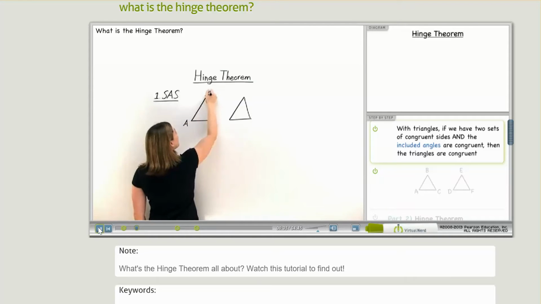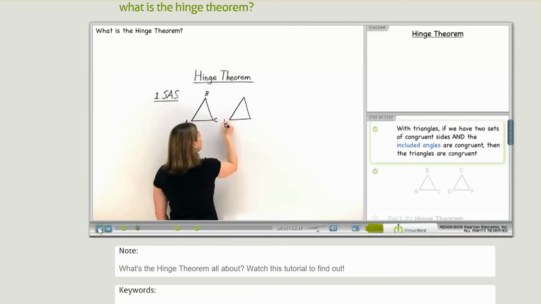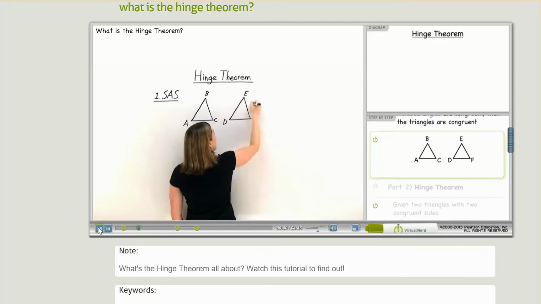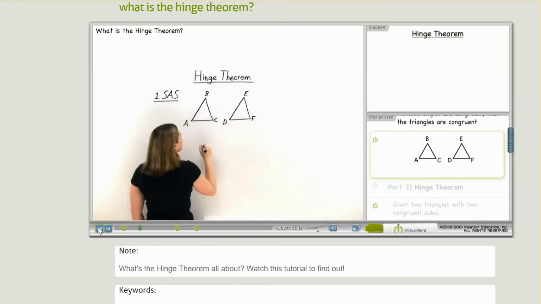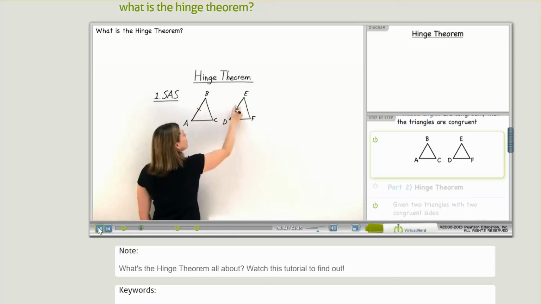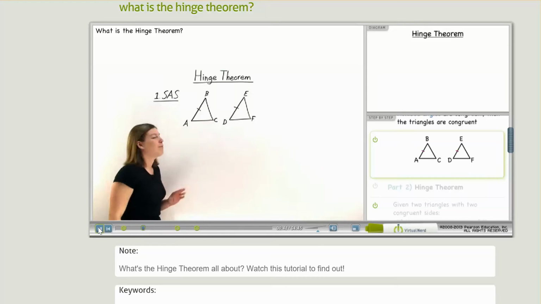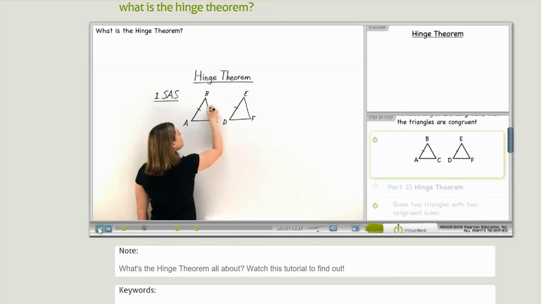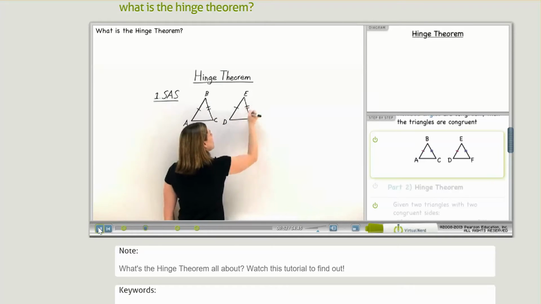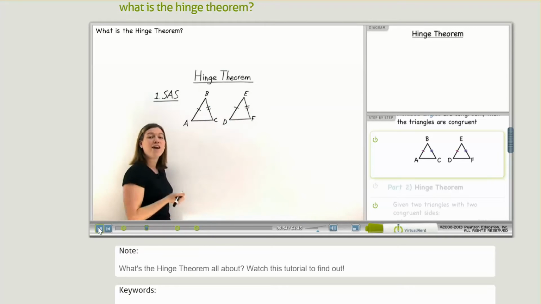So let's say we have these two triangles, triangle ABC and triangle DEF. Now let's say that side AB is congruent to side DE. So those two sides have the same length. And let's say that side BC is congruent to side EF. So those two sides have the same length as well. So we have two sets of congruent sides.